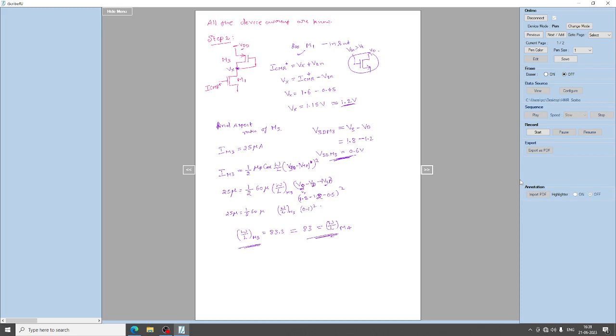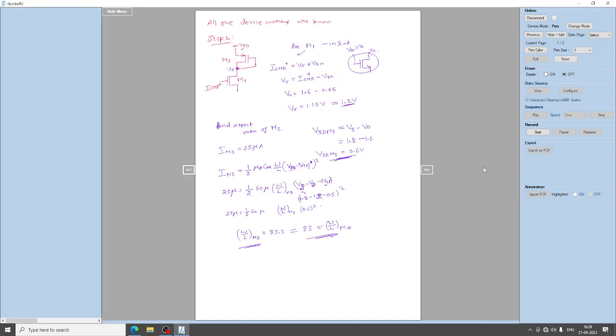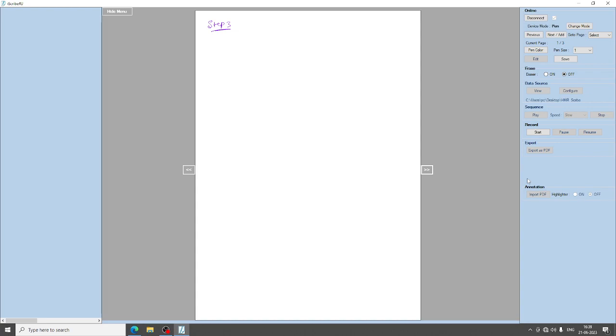So now, step 3. This was step 2, and now step 3: finding the aspect ratio for M1 and M2 from the gain bandwidth product.